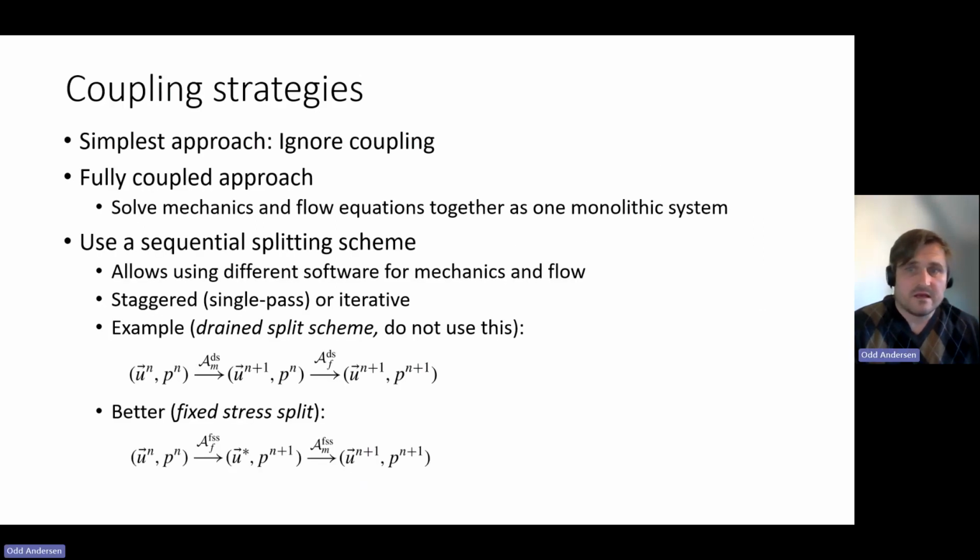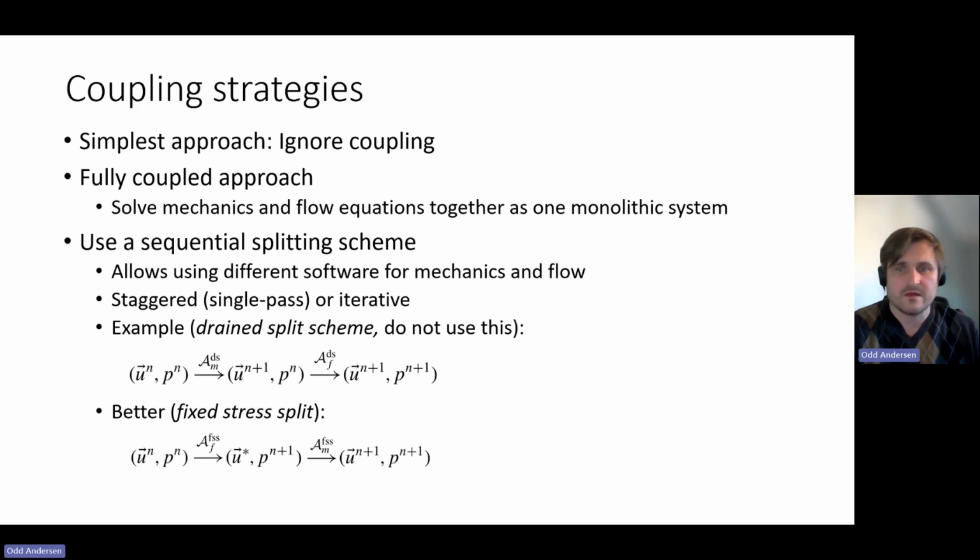So in some cases, the mechanics and flow parts of the system are weakly coupled, and the mechanics can be computed in a post-processing step after having solved the flow problem separately. In other cases, the coupling is strong enough that the equations must be solved together. In that case, you can either choose to solve the equations together as a combined linear system, which is fully coupled, or to use a sequential splitting scheme where you alternate between solving the mechanics and the flow equations in a staggered or iterative manner.